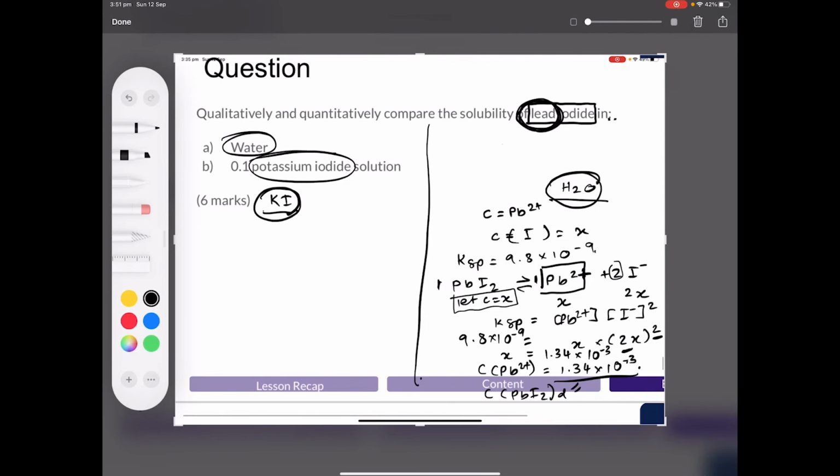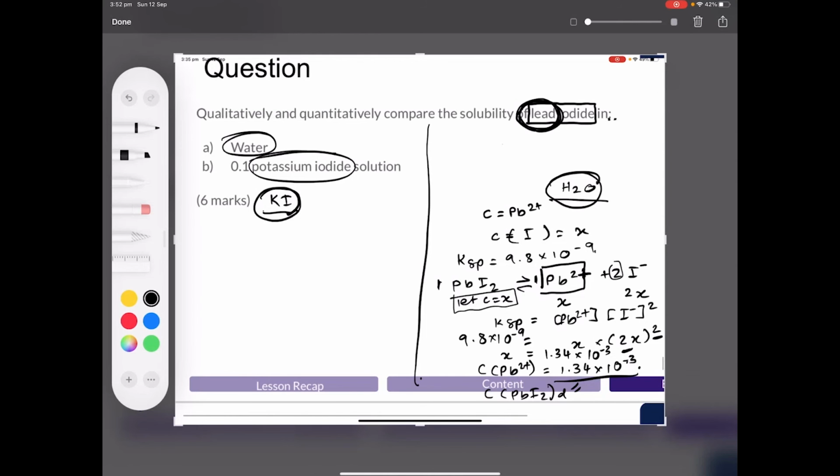The way I know when to do an ice table is whenever I need to find K, or whenever I need to find pH and I'm given K or pK. With salt and solution equilibria questions, you can do an ice table, but it's not really necessary. I'll explain why.